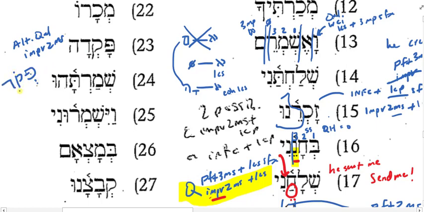With the vocal shava holum, but I could also have pokda. Both of them are the same. Appoint. That's it. Okay? Now, if I had a mapik here, then this would be a komate 3fs pronominal suffix, and then it would be her act of appointing or visiting. Okay? But that is not what we got here. We got the alternate 2ms imperative.